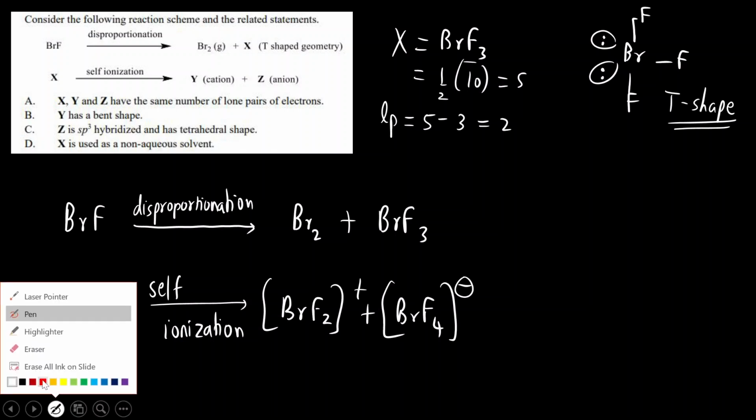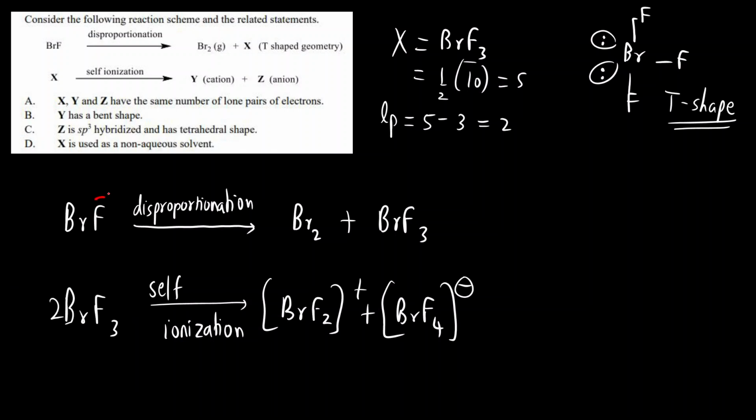Let us first confirm disproportionation. Here this is minus 1, since the more electronegative atom will get minus 1. Between bromine and fluorine, which is more electronegative? Fluorine. So bromine will be plus 1. Br2 oxidation state will be 0 because it is in the neutral elemental state. The oxidation state of a neutral elemental state is 0. This will be minus 3 and this is plus 3.